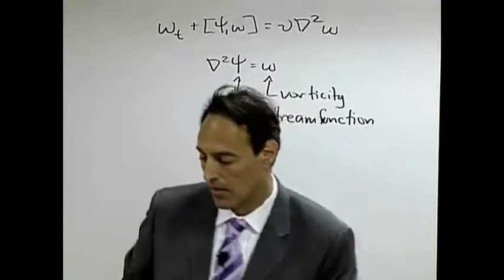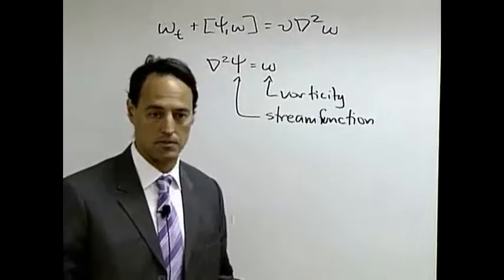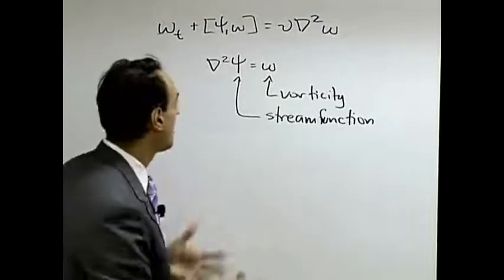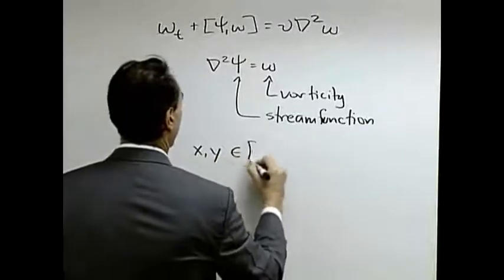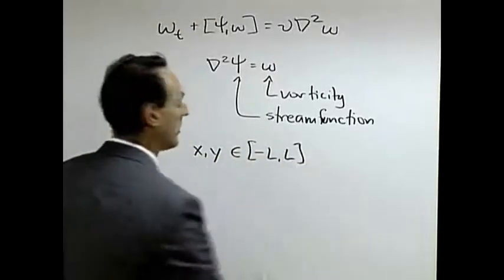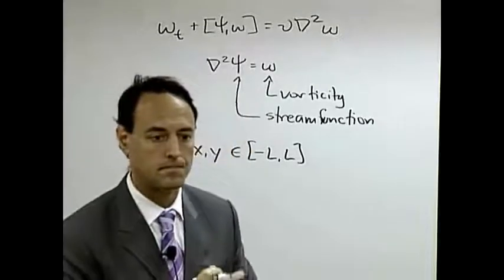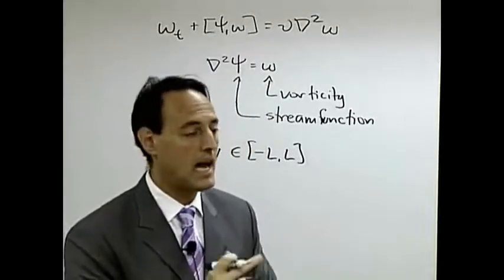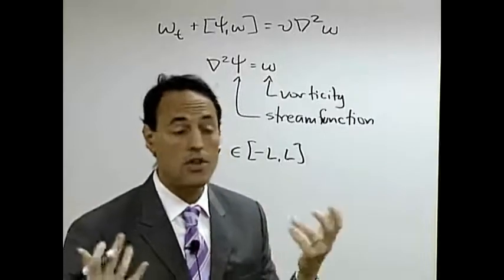Okay? Now, a couple things. First of all, I don't have enough information yet to solve these. I'm going to solve this on some domain. So, for instance, x and y are in some domain, let's call it negative L to L. Remember, we're going to have to make a finite-sized box to solve it in. And what I've got to decide are two more things. First, what are the initial conditions?